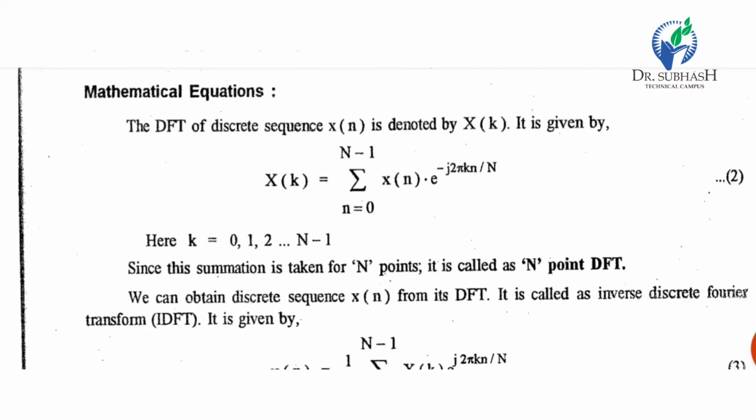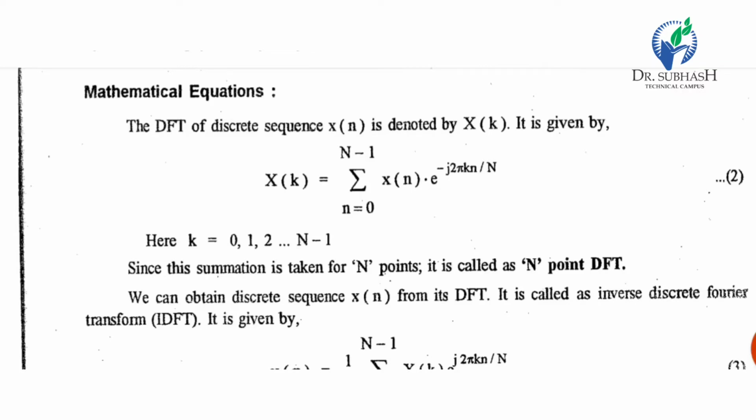The mathematical equation of the DFT of a discrete sequence x of n is denoted by X of k. So x of n is the time domain signal, X of omega is the frequency domain DTFT signal, discrete time Fourier transform, and X of k is the discrete Fourier transform.